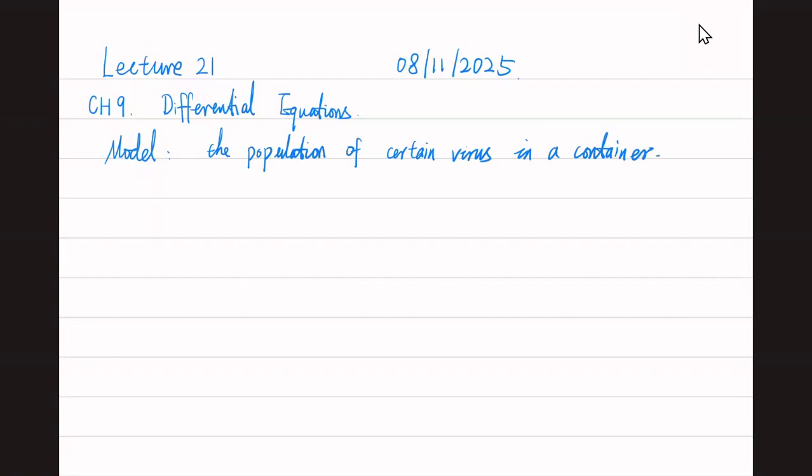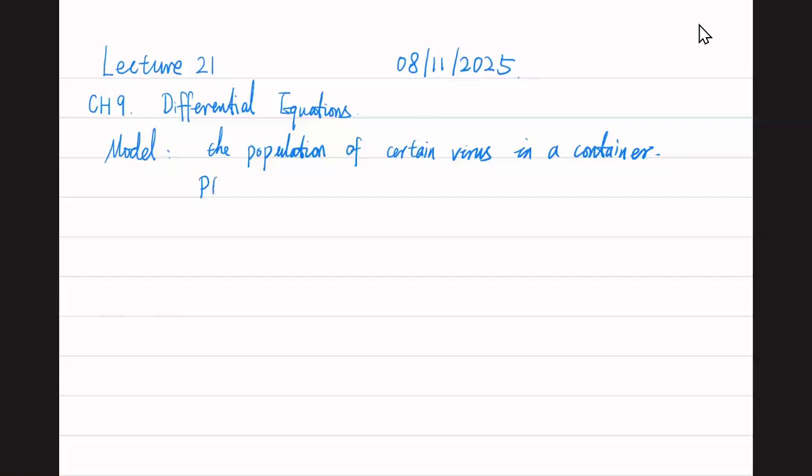So we use this P(t), the population at time t.